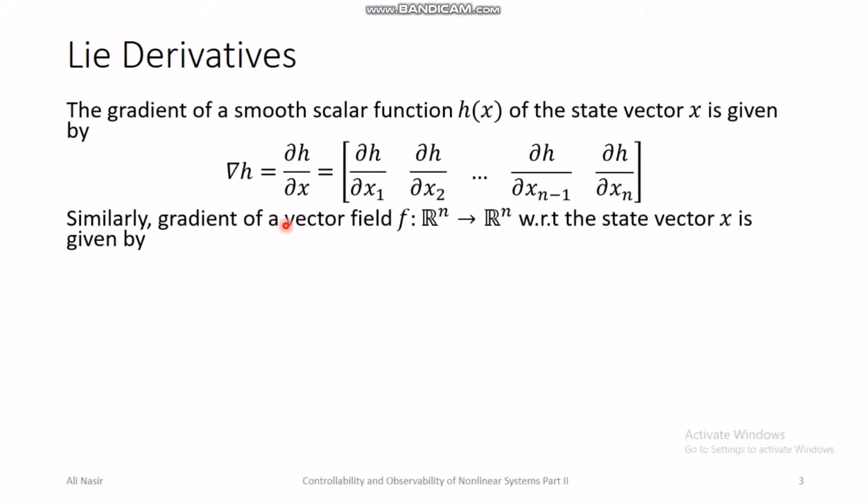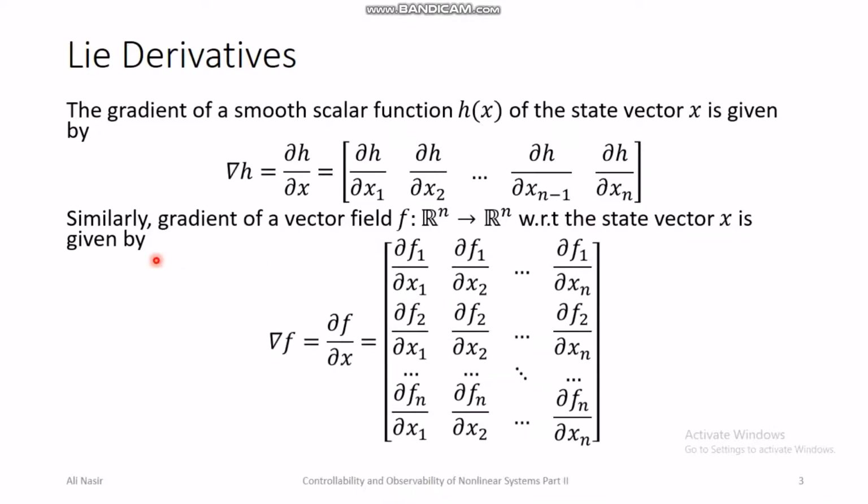Similarly, if there is a vector field f which is Rn to Rn, then its gradient with respect to x will be given by a Jacobian matrix, which basically is partial f1 by partial x1, partial f1 by partial x2, and so on up to partial f1 by partial xn. So this will be the first row. The second row will be partial f2 by partial x1, partial f2 by partial x2, and so on.